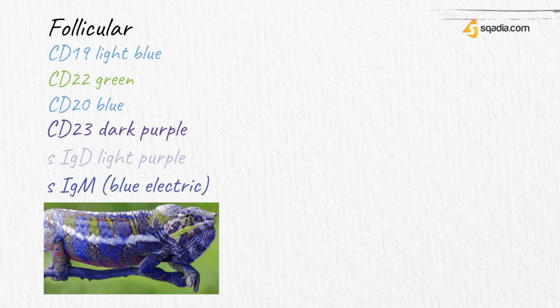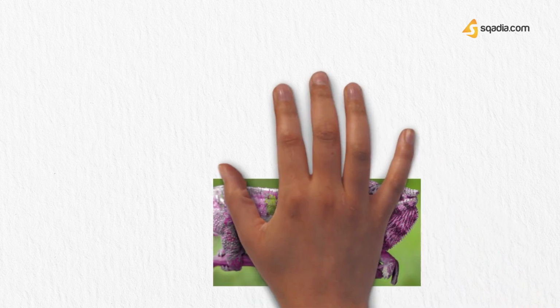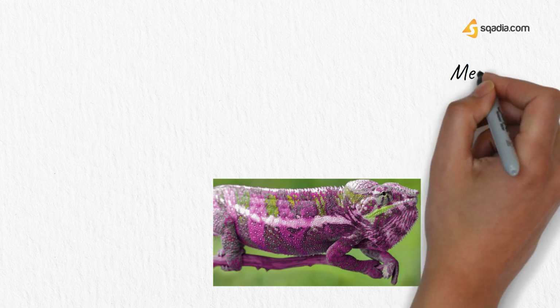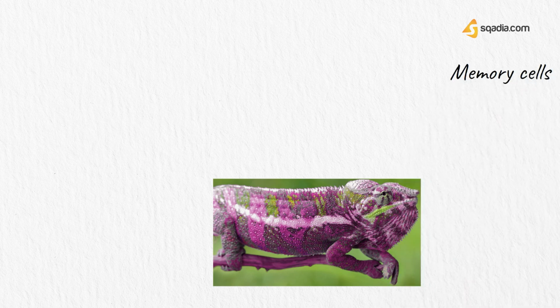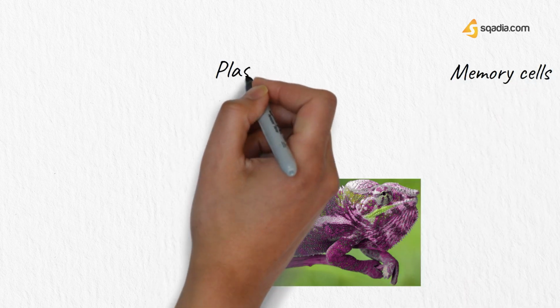Very, very beautiful. And now, last but not least, the last step is the plasma cell. Follicular cells circulate continuously between the bone marrow and the lymphatic organs until they meet an antigen. Once they meet an antigen, they become either memory B cells or these fantastic pink plasma cells.